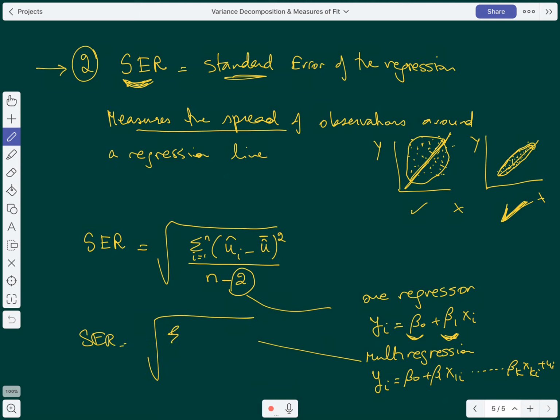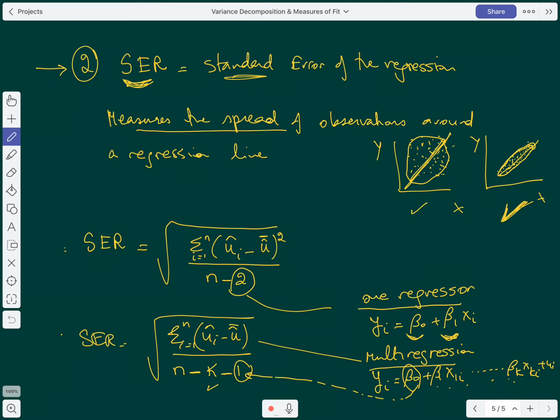It's the sum from i equal 1 to n of u_i hat minus u hat bar, squared, divided by n minus k betas minus 1 for the intercept. So this one is counted here, 1 for the intercept, and then you count 1, 2, 3, 4, 5, 6 all the way up to k, and this counts for the k parameters to be estimated. Those are two versions of the SER depending on whether your model is using just one x or more than one x.